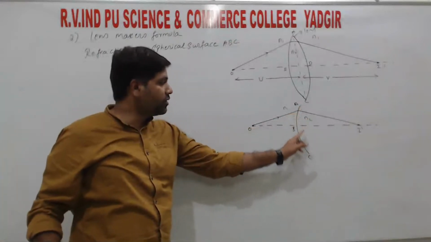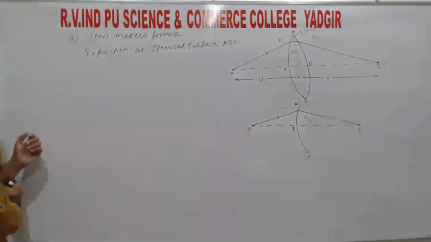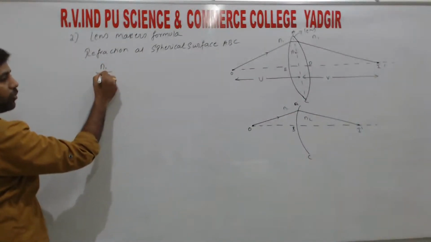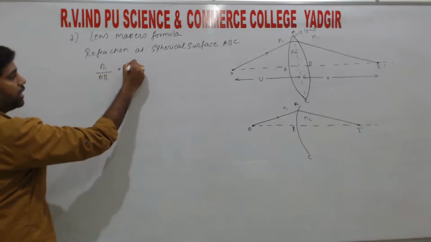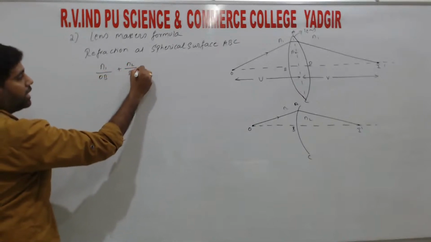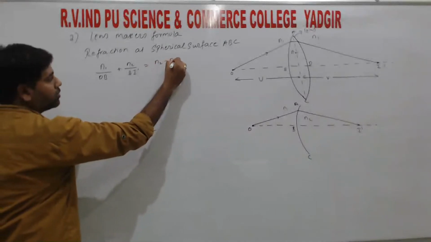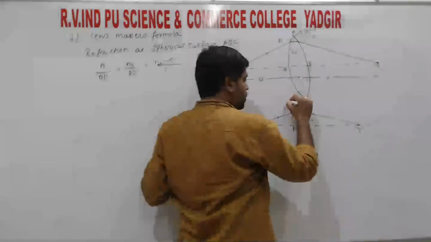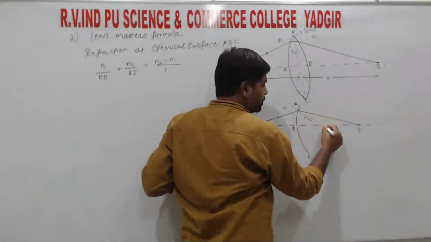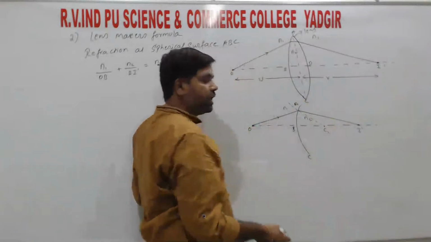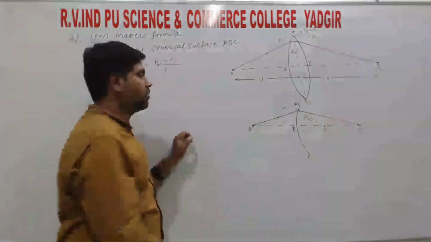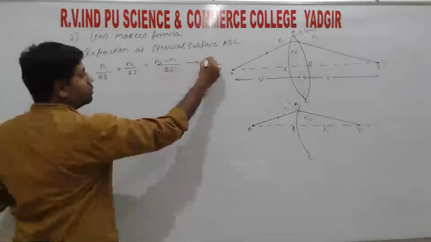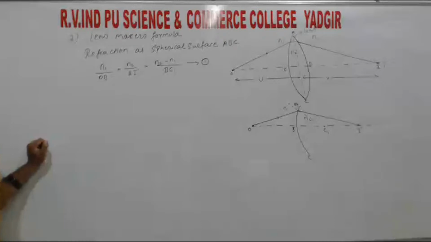If we write the relation, N1 divided by OB plus N2 divided by BI dash equals N2 minus N1 divided by, here we need to draw the normal. This normal is always passing through the center of curvature. We take that as C1, right? So the normal is BC1. Taking this as the first equation, right?